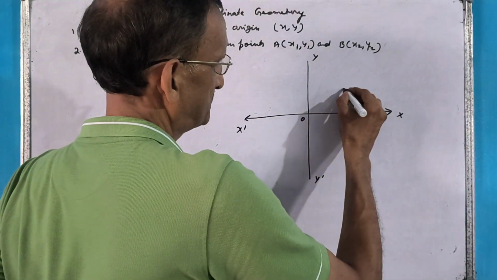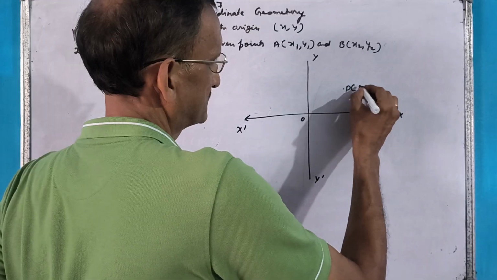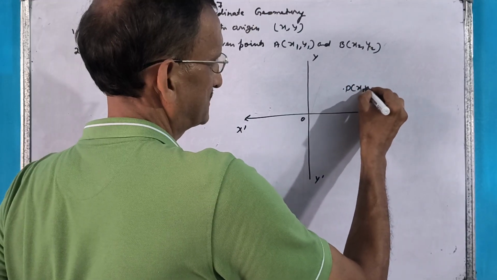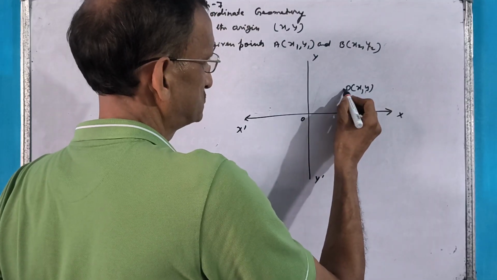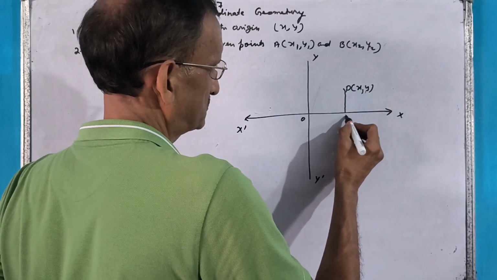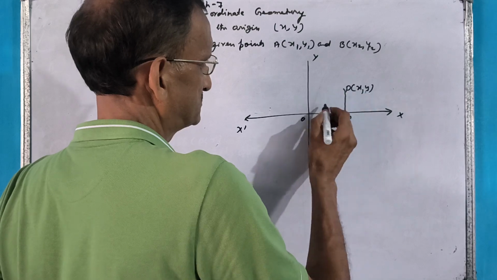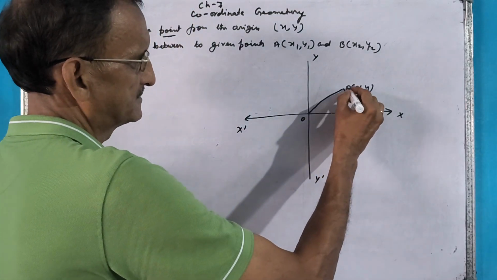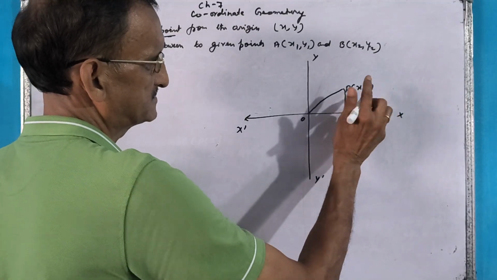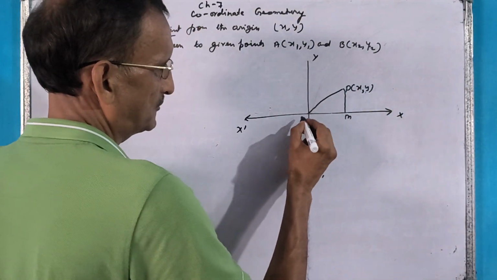So let the point P represent x comma y in the first quadrant. Draw PM perpendicular to the x-axis and join OP, because we need to find the distance of the point x comma y from the origin.